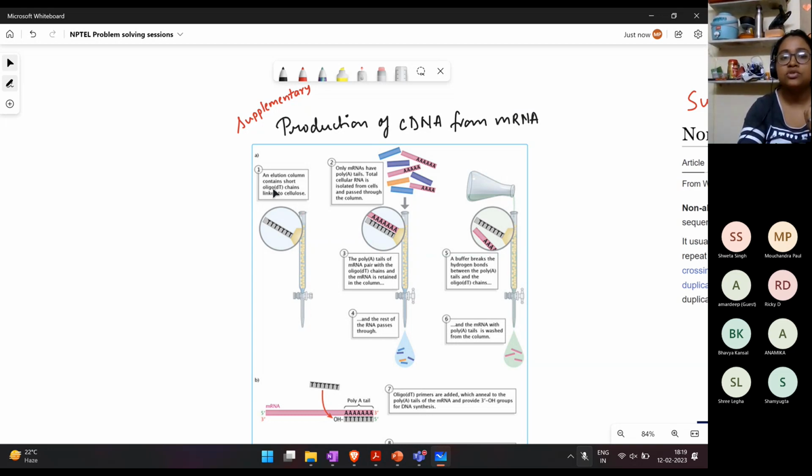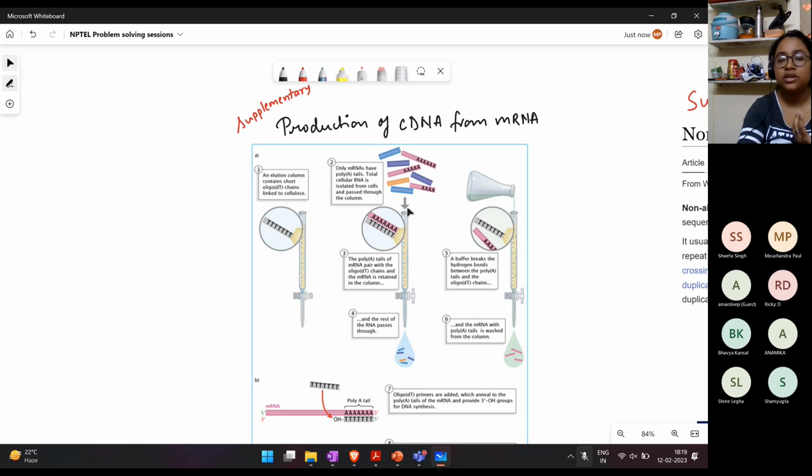And to those cellulose beads, they link oligo-dT. It is a short sequence of only T, which will then show complementary binding with the poly-A tail of your mRNA. So here exactly what is happening is that only the mRNA having the poly-A tail binds. This is the collection of all the RNA in the cell, and the poly-A tail is present only in mRNA.